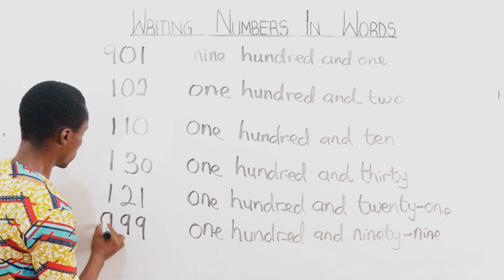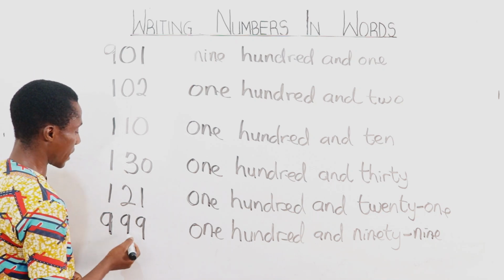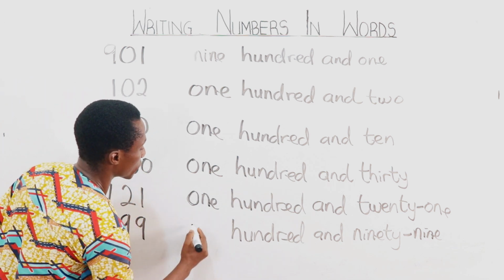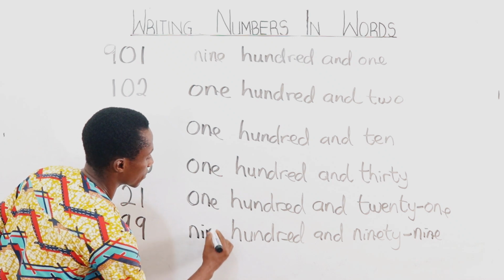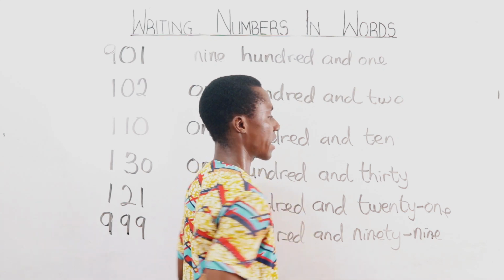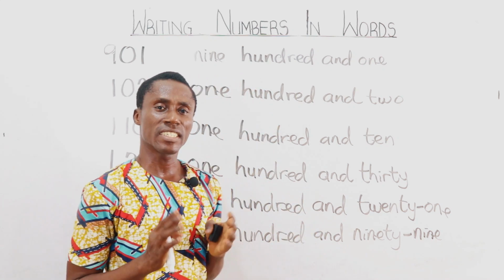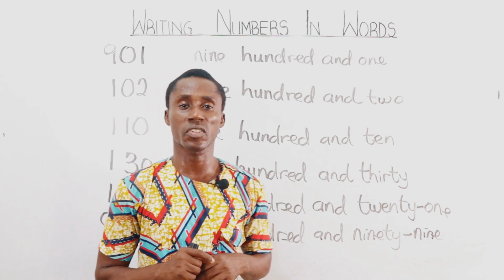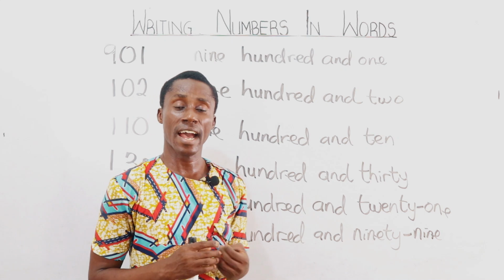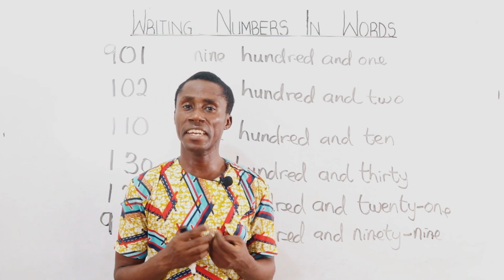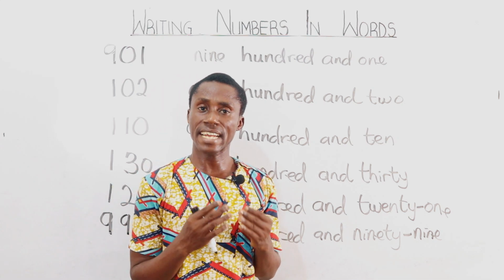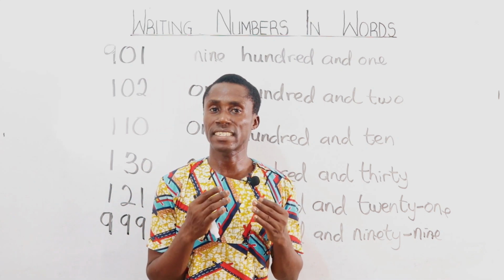If this was 999, we are simply going to have 999. So now we know how to go about writing numbers from 100 to 999.